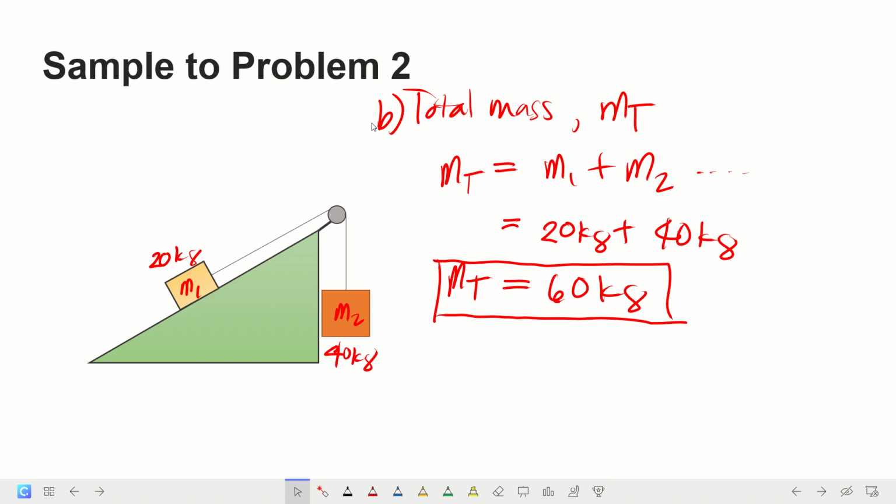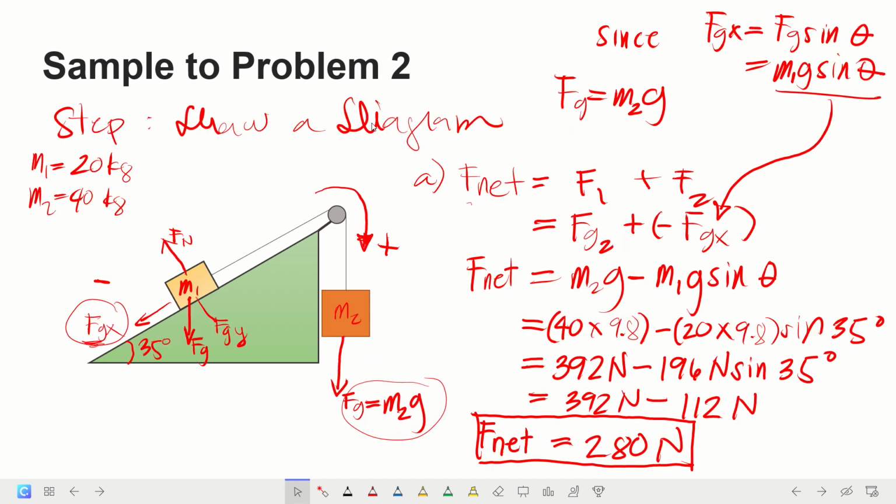The total mass of the system is 60 kilograms, and for letter A, the net force acting on the system is 280 newtons. So, I hope that these problems or these examples, example 1 and example 2, help you to understand how to analyze problems involving inclined planes and inclined planes that is incorporated or integrated with the pulley system.